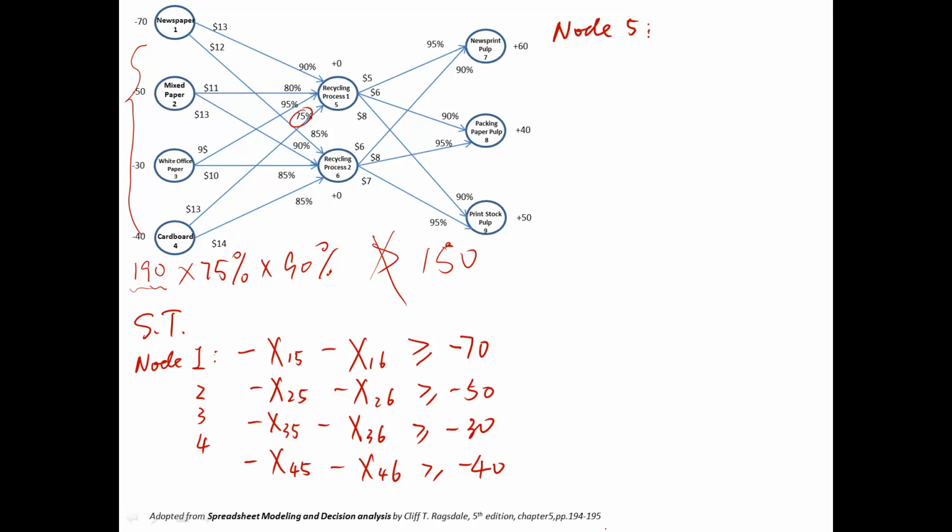what are the inflows? Inflows include the flow that goes from nodes 1, 2, 3, 4 to node 5, right?